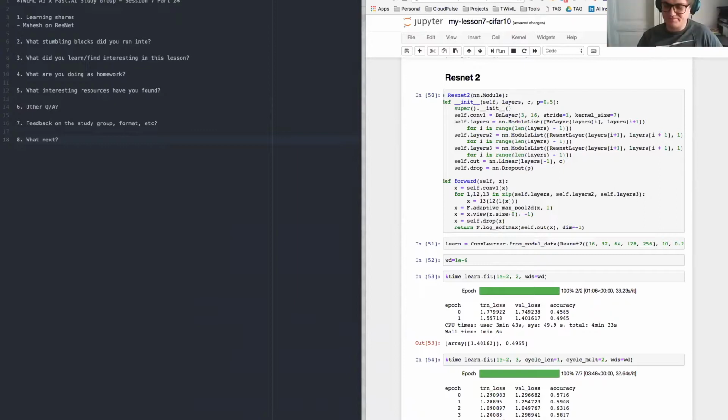We can jump into a discussion about this last lesson. I guess to get things started off, Mahesh, you were going to talk about ResNet? Yeah, I'll take 10 minutes to clarify my understanding of the residual block.